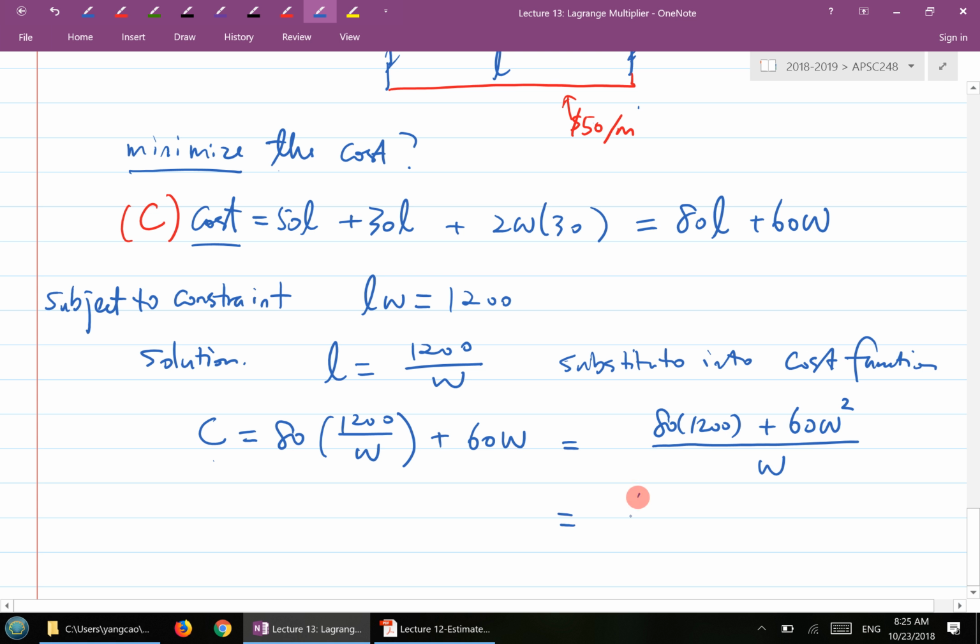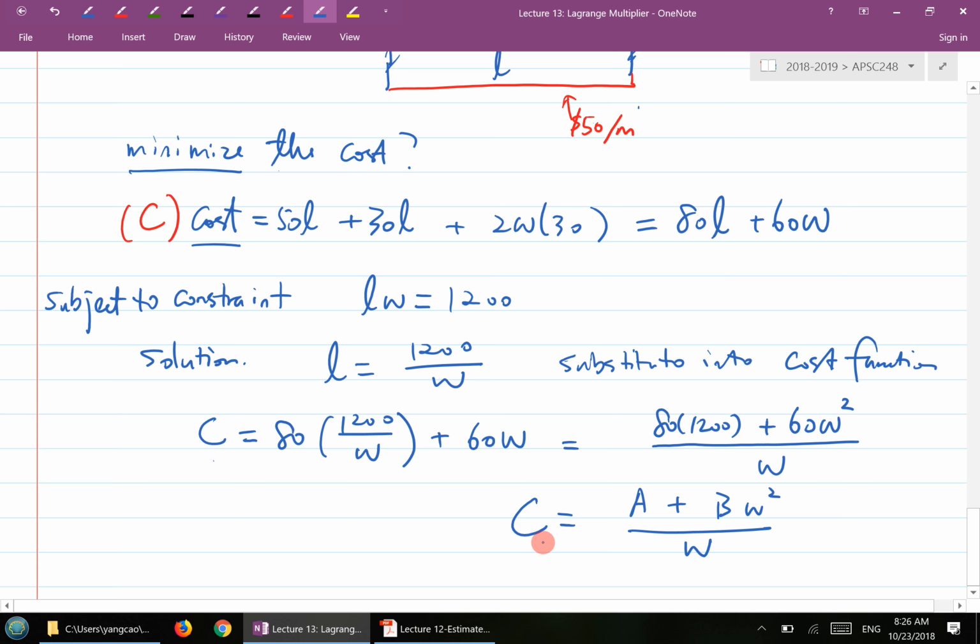There's a big number here, so I'm going to let A equal 80 times 1,200, and let B equal 60, just to simplify my writing. So your cost C is simplified into a function of a single variable now.